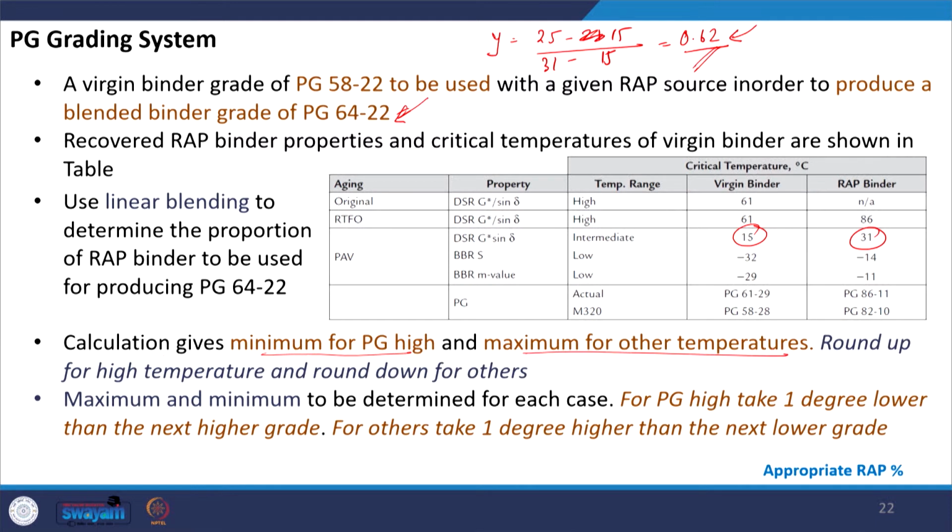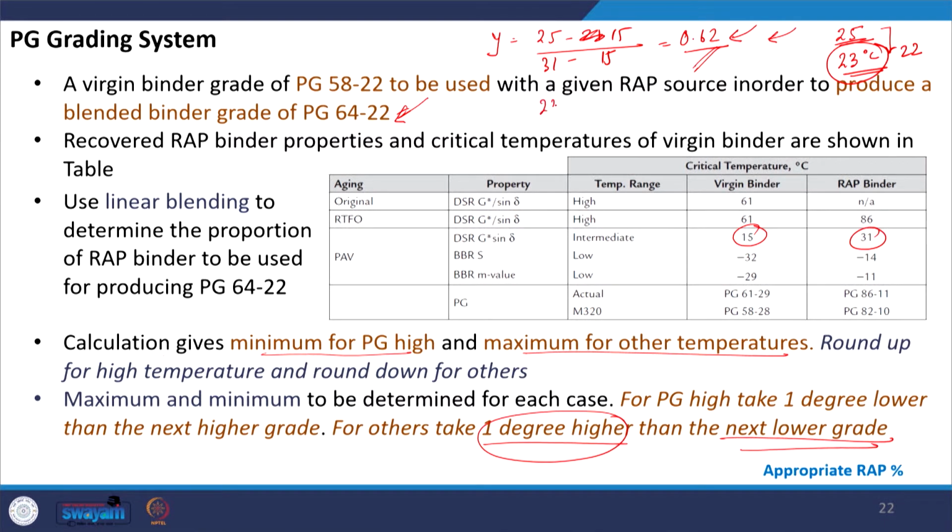So, this is 0.62. If the designer is interested to find out the minimum value corresponding to intermediate temperature also, then similar to PG high, what will we do? We will take 1 degree higher than the next lower grade. For intermediate temperature, the grade changes by 3 degrees Celsius. So, when it is 25 now, the next lower grade is 25 minus 3, so it is 22, and 1 degree higher than the next lower grade is 23.